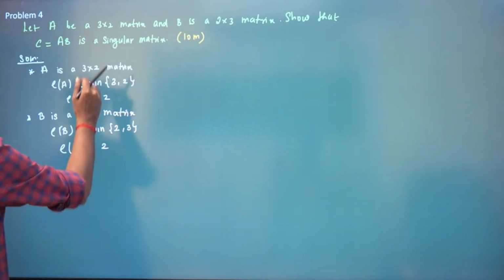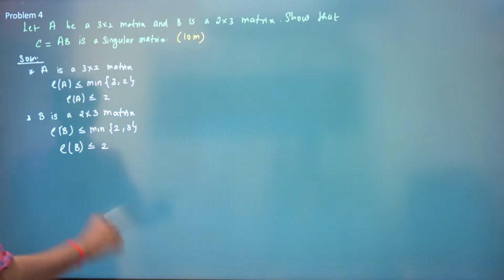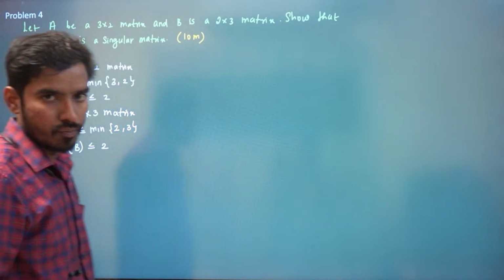So we have these two ideas now: rank of A is always less than or equal to 2 and rank of B is always less than or equal to 2.